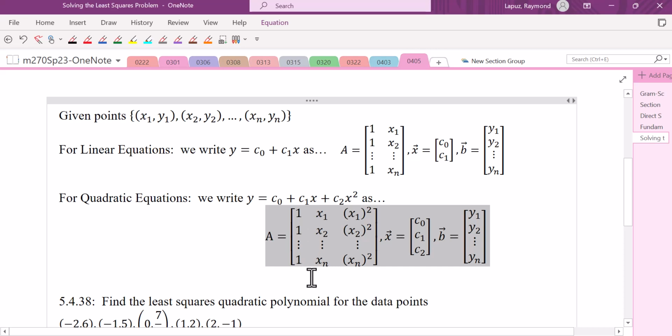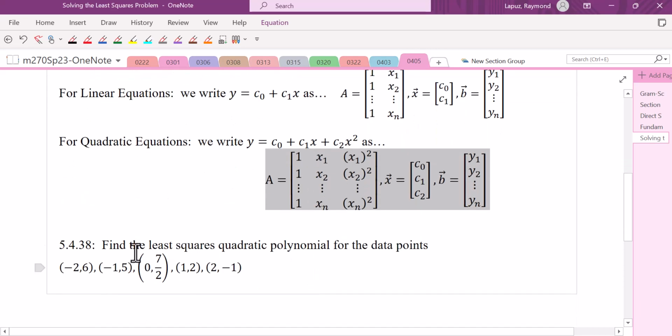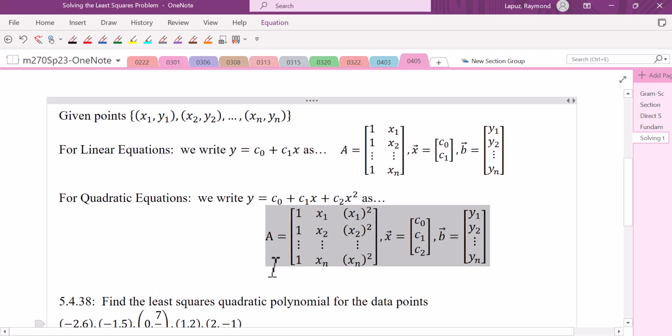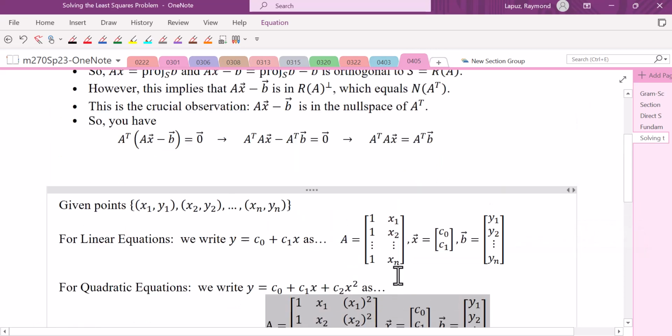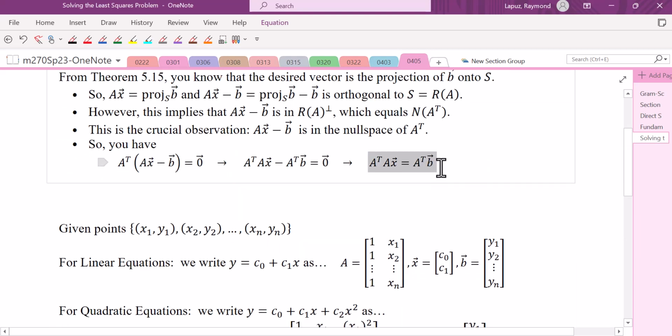So let's attempt this problem, where we're looking for the least squares fit using quadratic polynomials with these particular data points. I'll set up the system of equations, then draw out these matrices, set up the matrix equation, and use it to eventually solve.